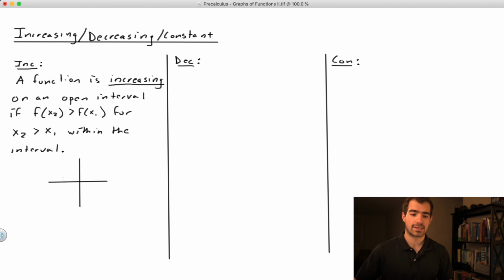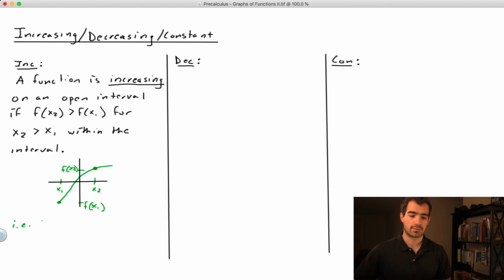So all this really means is that if we were to pick some value x1 and move to some other value that's greater than that, so moving to the right along the x-axis, and pick some other value x2, if the value of our function, so f of x1, is smaller at the further left point and larger at the further right point.